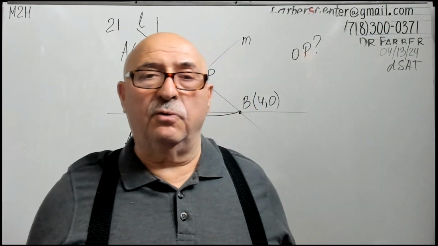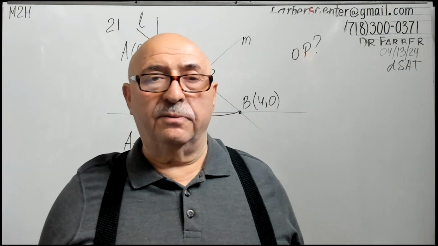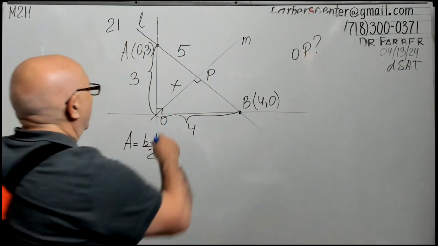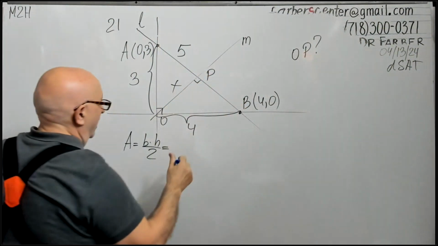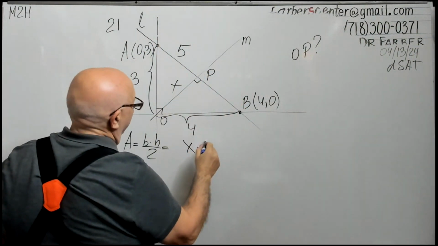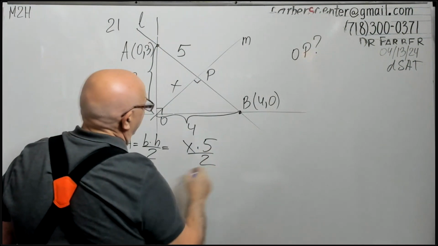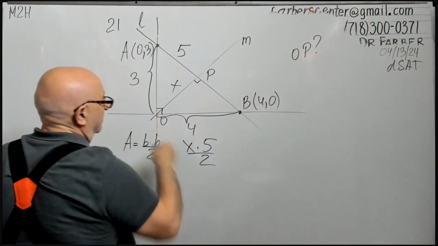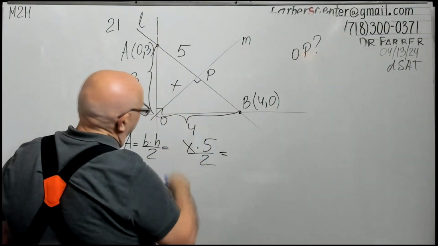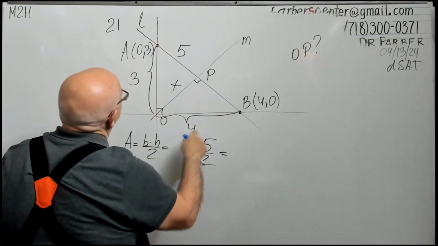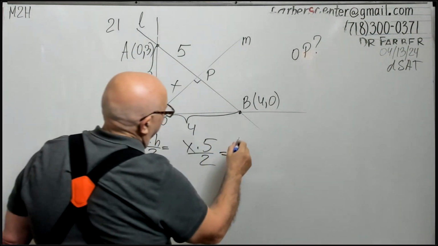And 3 corresponding heights. So from one side, if this is base, this is height. Area would be X times 5 divided by 2. If this is base, this is height. The same area of the same triangle would be 4 times 3 divided by 2.